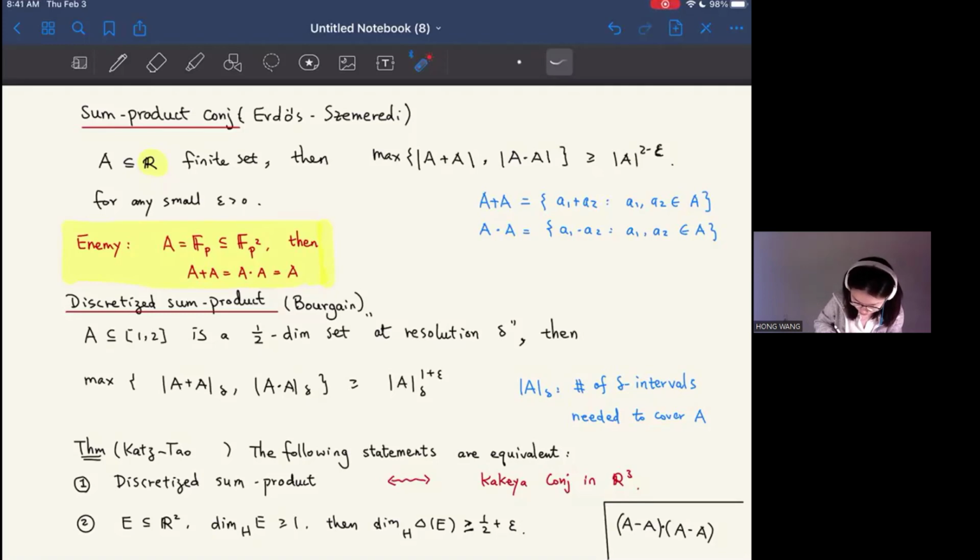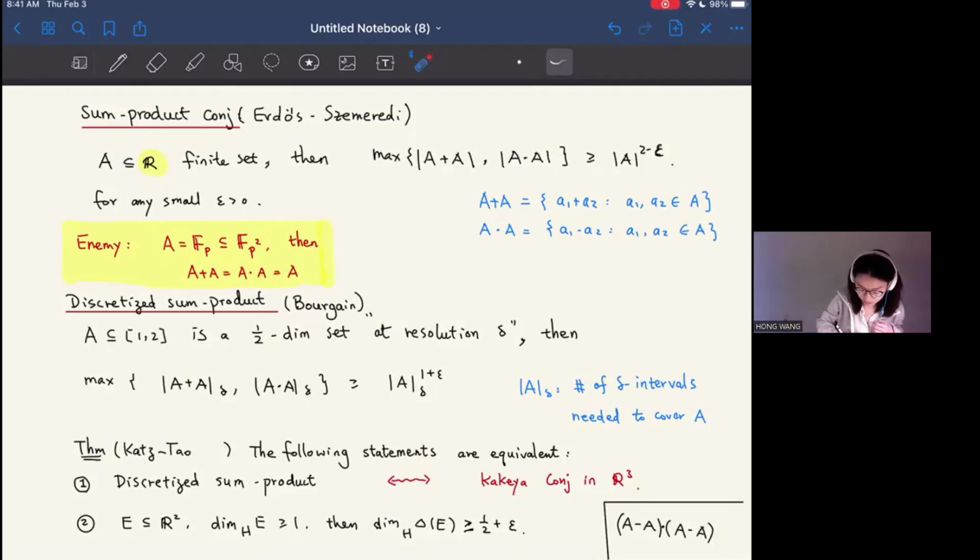By a theorem of Katz and Tao, they showed a few statements that are equivalent. I only list two. The first statement, precisely Bourgain's discretized sum-product theorem, is equivalent to the statement that if E is a one-dimensional subset in R2, then the Hausdorff dimension of the distance set of E is greater than 1/2 plus epsilon.